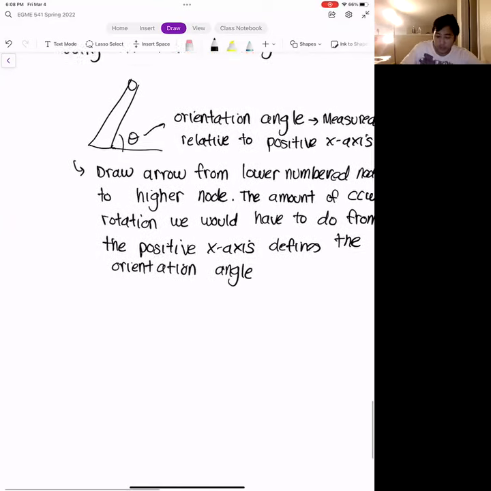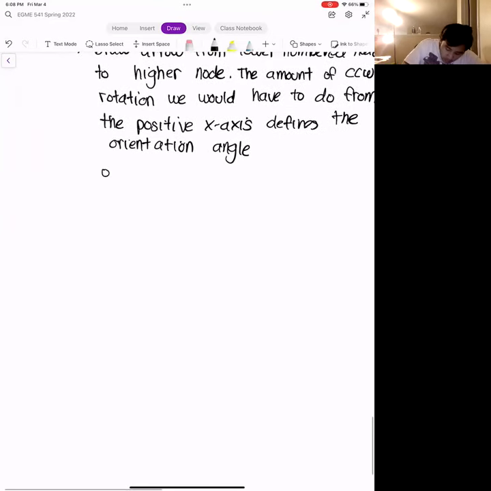And so for instance, let's say that we had an element that looked like this. Let's say that this is node 1, this is node 2, and we draw a vector that goes like that.